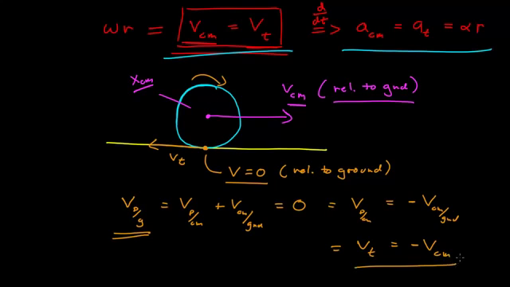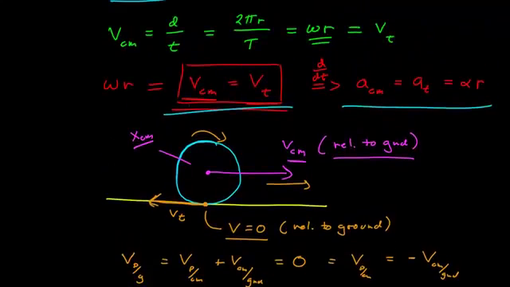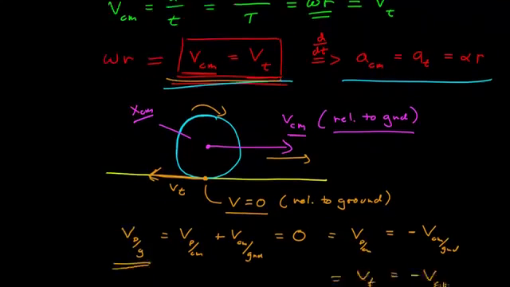Now, this is vectors, right? So this is correct. My velocity of the center of mass is pointing in this direction, and the tangential velocity is going in the other direction. So we have to be a little careful, of course. Up here, we were talking about the magnitudes.